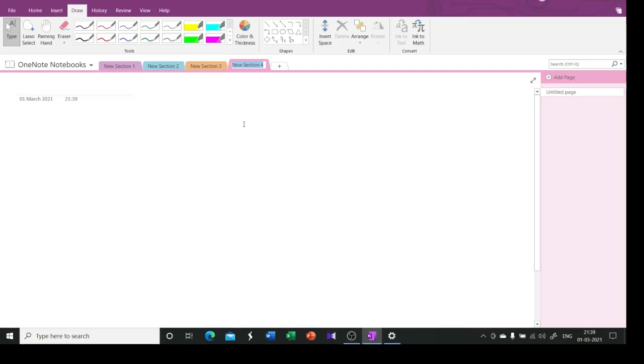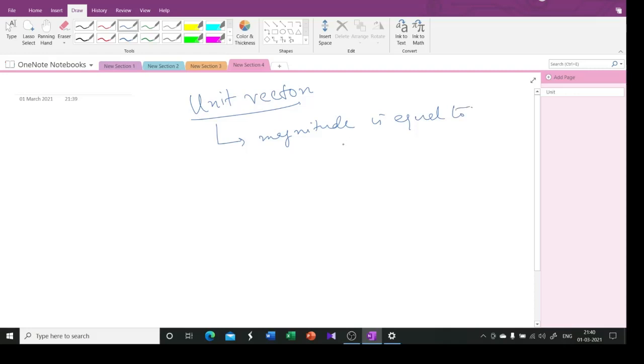Now we come to something really cool. What is that? Unit vector. Now, what is a unit vector? Basically, it's a vector whose magnitude is equal to unity.